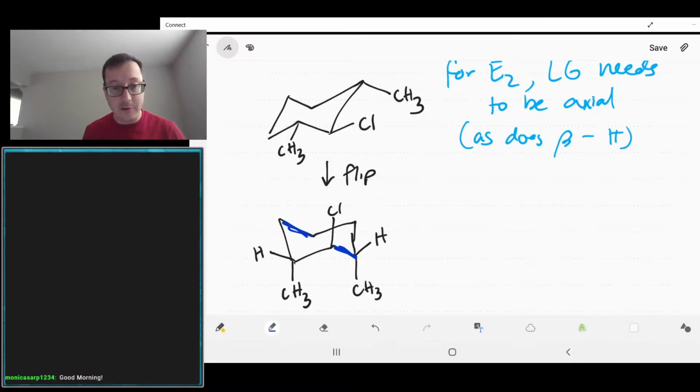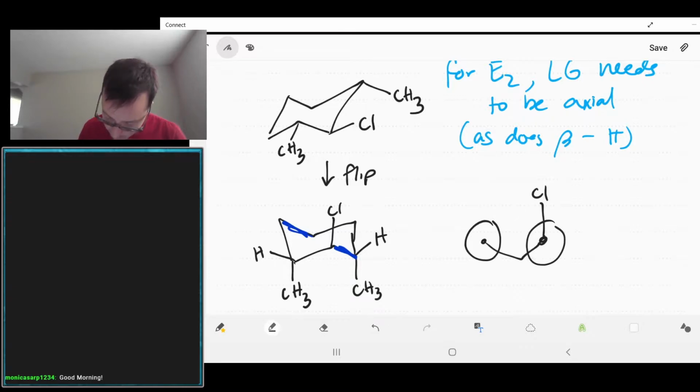If we look at these two bonds as a double Newman, our favorite, that's the H. We've got a methyl group pointing down back there, and an H pointing up.